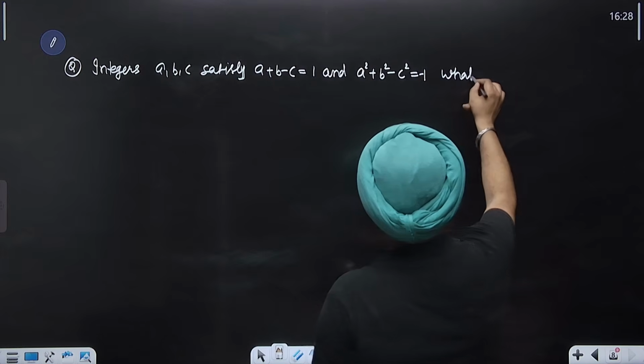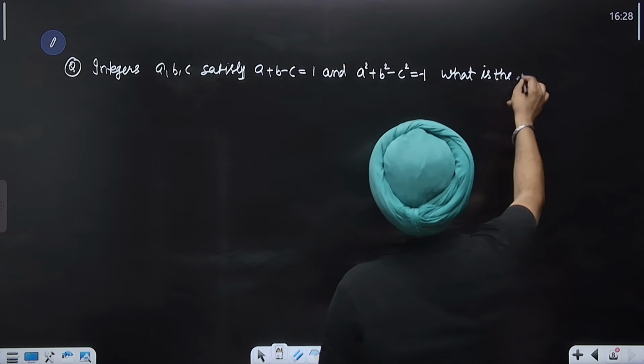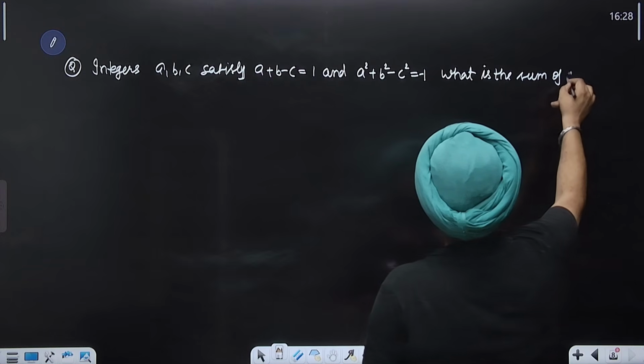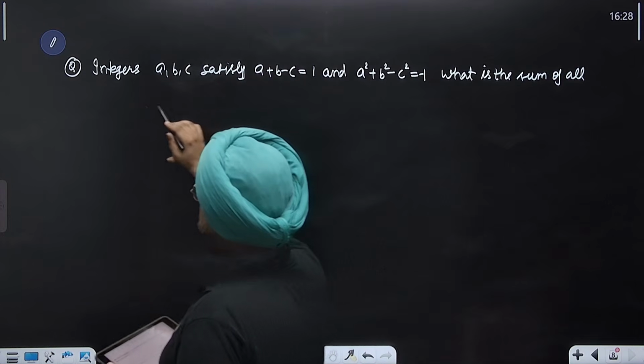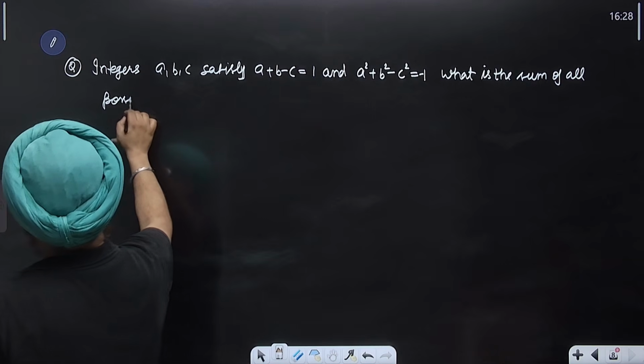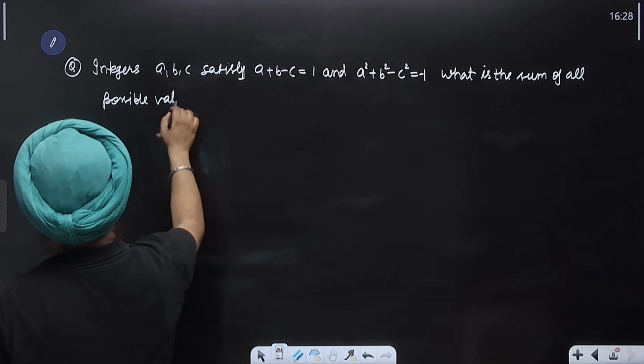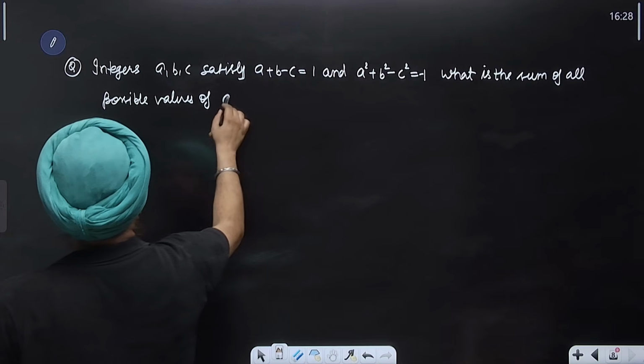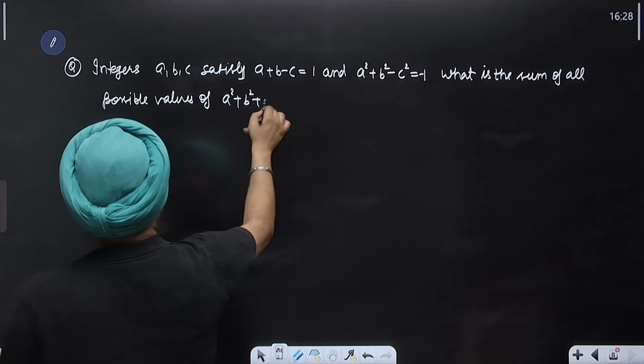What is the sum of all possible values of A square plus B square plus C square?